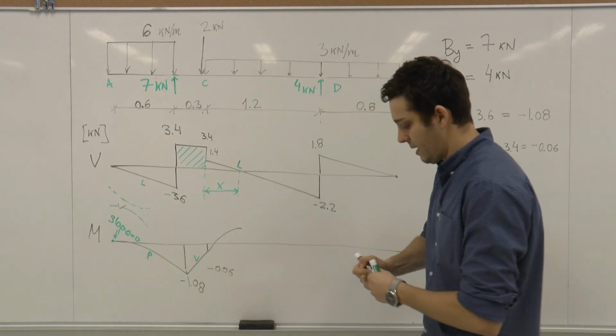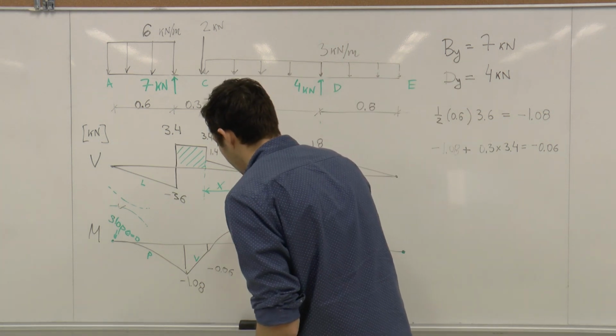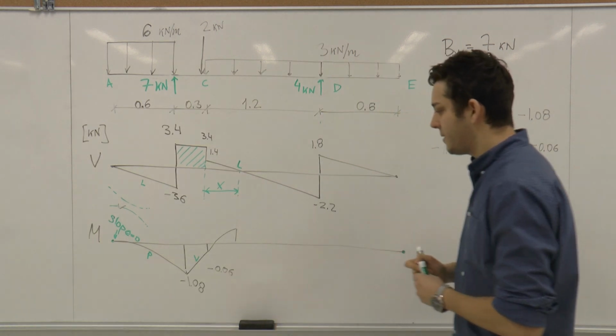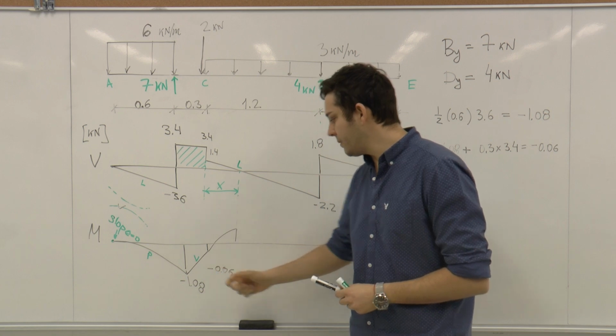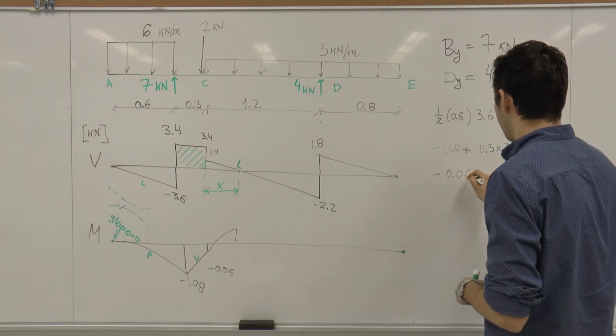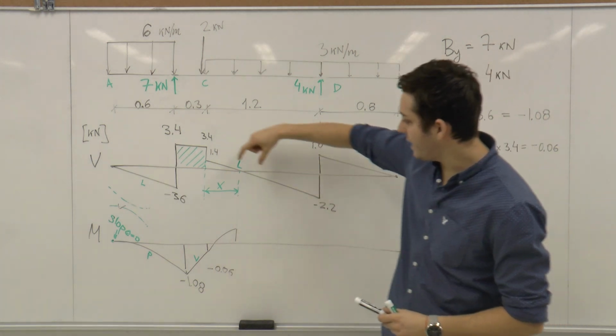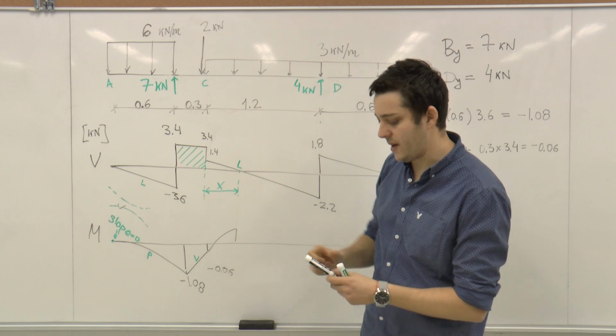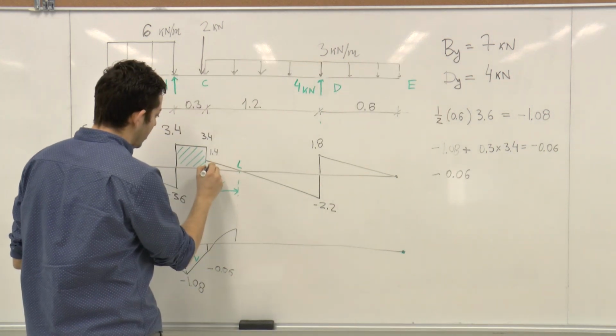Let's show it like this. And we want to find what is this value. So we're starting from minus 0.06 and we need to add the area of this triangle, small one.